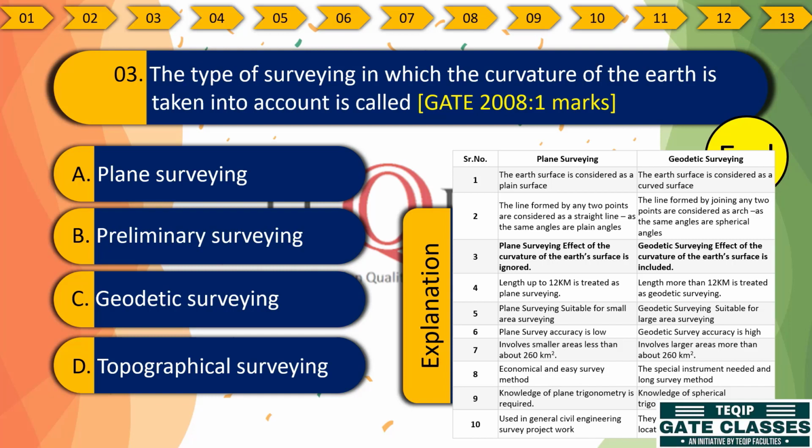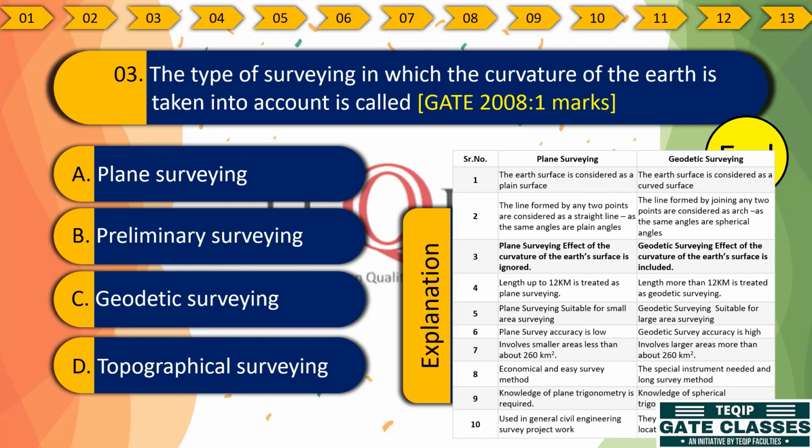The second difference is that in plane surveying the line formed by 2 points is considered a straight line and the angles are plane angles. But in geodetic surveying, the line formed by joining 2 points is considered an arc and the angles are spherical angles.